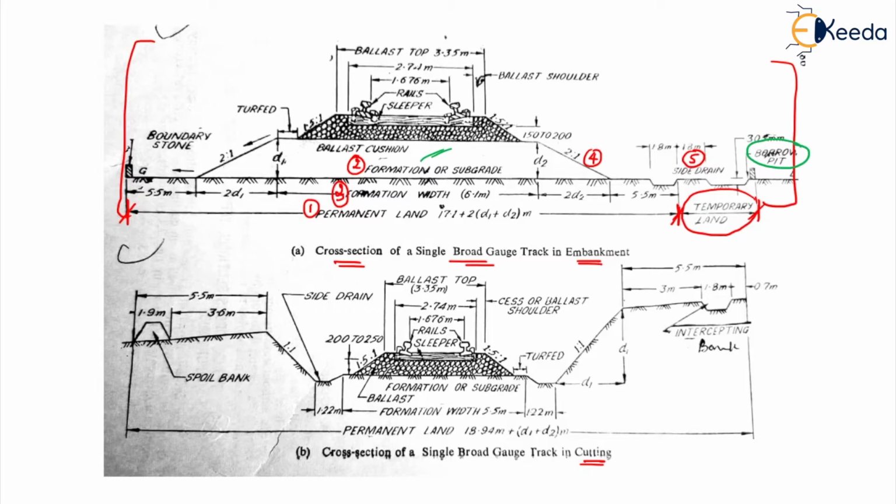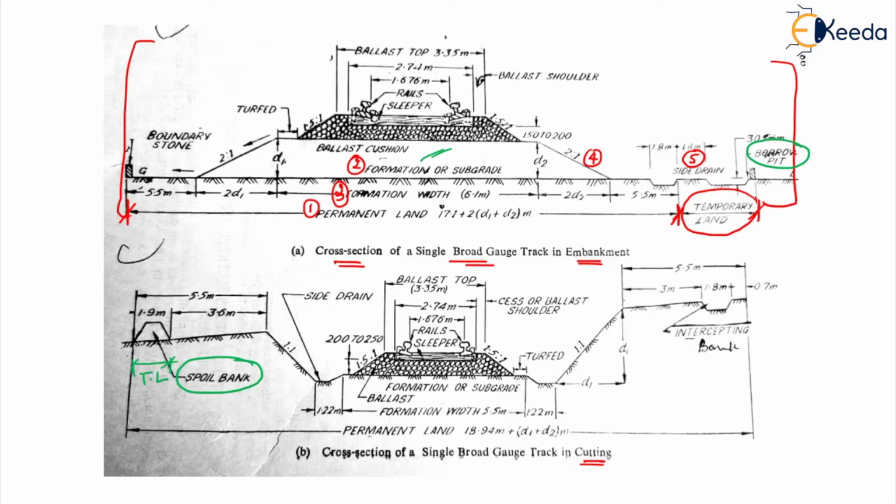Suppose it is cutting, what will happen? In cutting, you have to remove the soil. Where will you dump the soil? You will dump this soil in the permanent land. That's the reason it's called spoil bank. This portion is your temporary land.